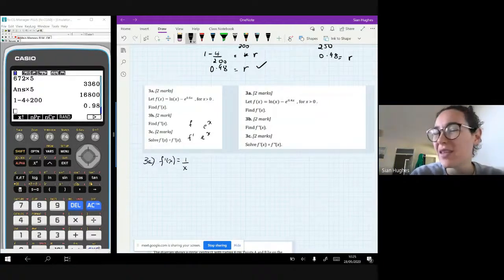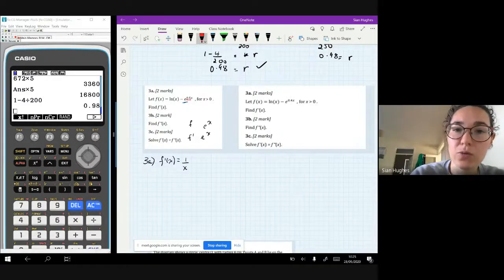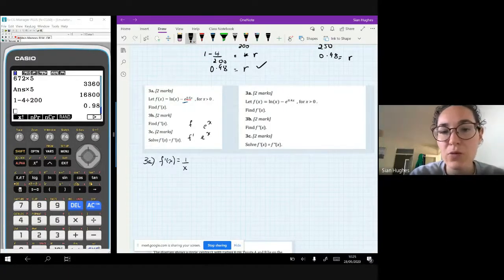But we haven't got e to the x, we've got e to the 0.5x. So what we have here is one of those situations where we have an outer function, the e, and an inner function, the 0.5x. So when we differentiate that, we differentiate the outer function first, which is the e, and the formula booklet tells us that e stays the same.